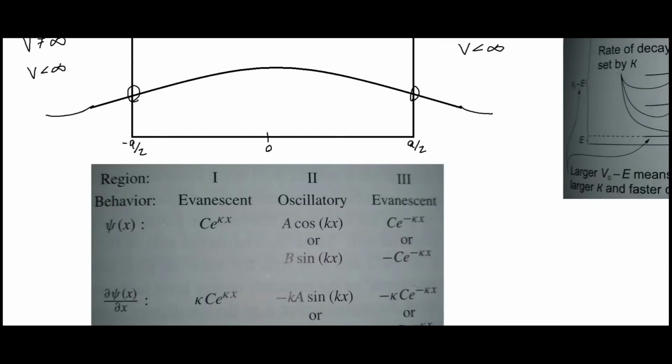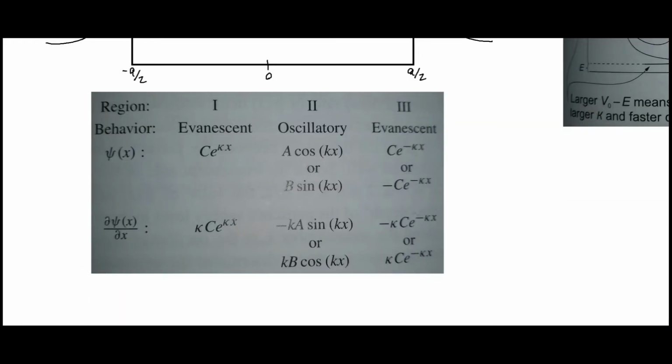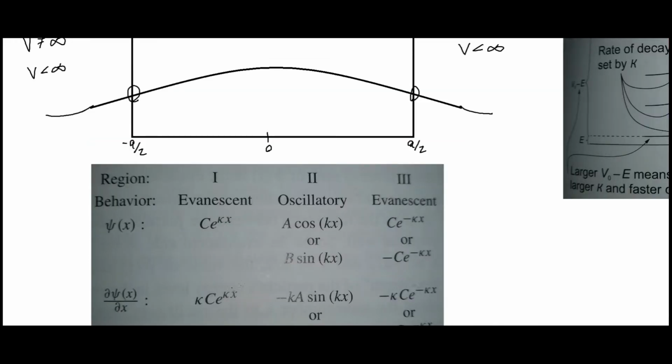So in here the kappa would be negative, and so this would be an exponential decay, and then this is the derivative of this C e to the kappa x, and so this is also negative, and so we see that that's going down right here.